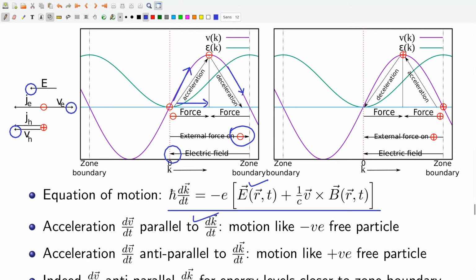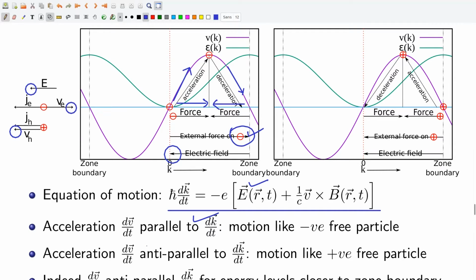This is a rather strange situation where acceleration is opposite to the external force. This is the direction of external force on a negatively charged particle, and the direction of acceleration is opposite to the external force in this region.